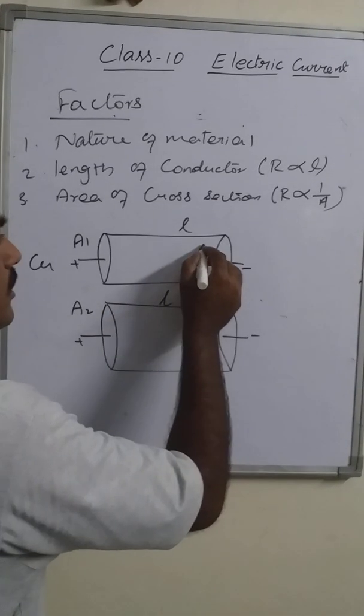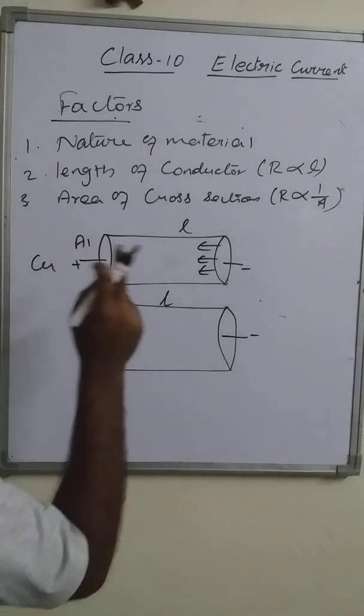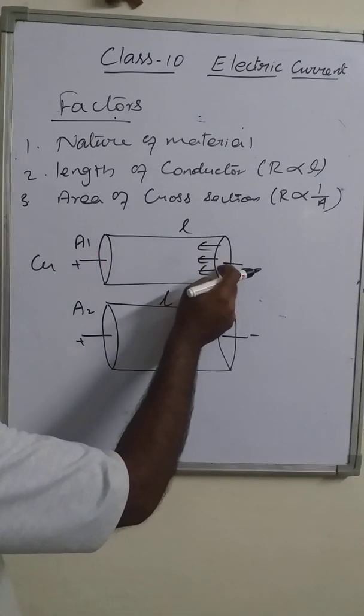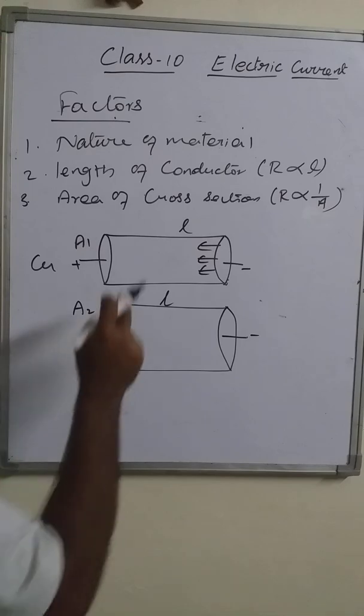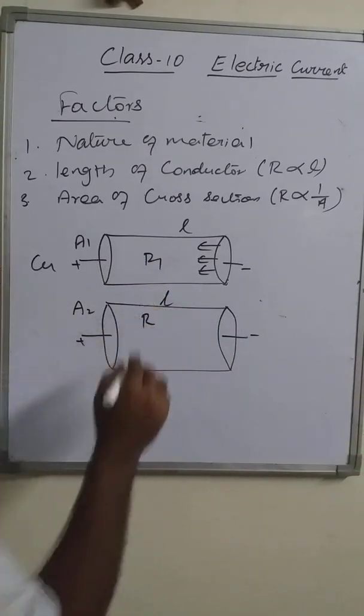So here also the electrons move from the negative to the positive terminal, but the number of electrons leaving the negative terminal in the first conductor and in the second conductor will be different.